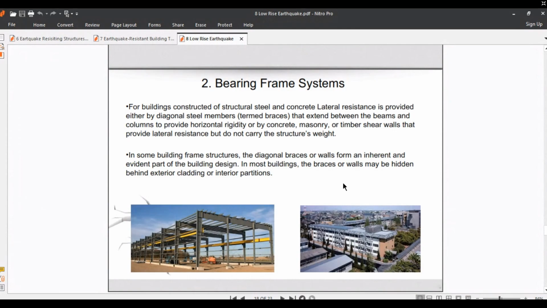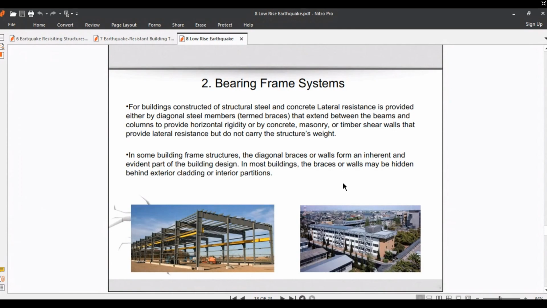As shown in this picture, using the building frame system such as steel material, shown in the pictures.